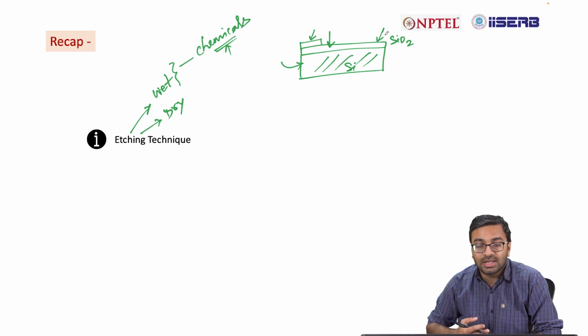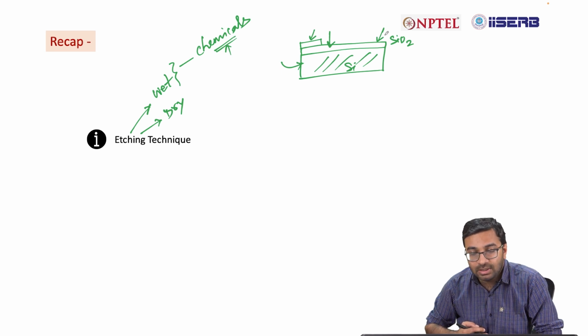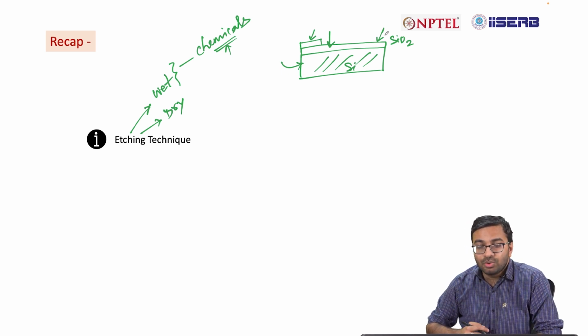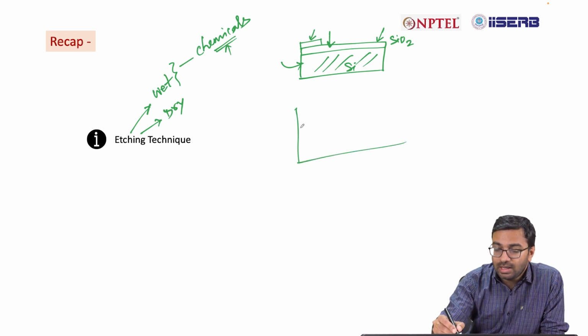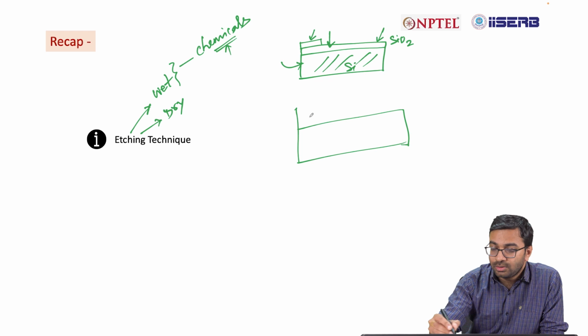We also have discussed that there is a parameter called directionality as well. So usually we want the etching process to provide us features like this, where the edges are sharp.